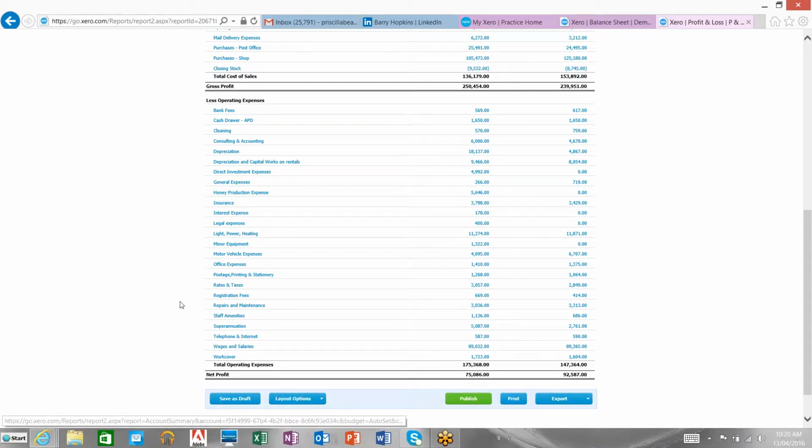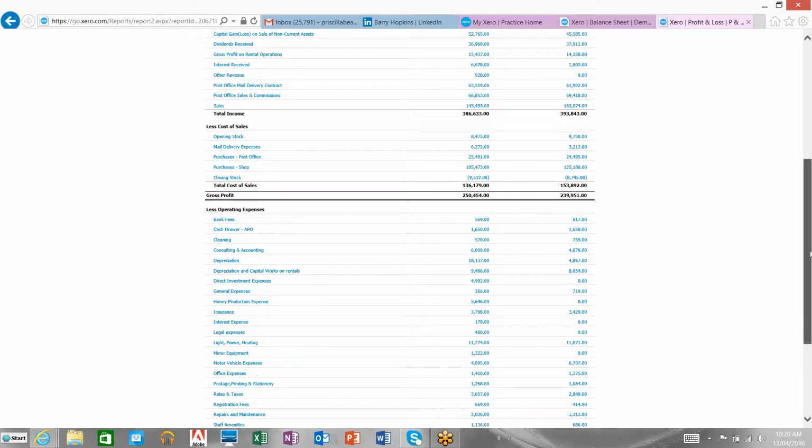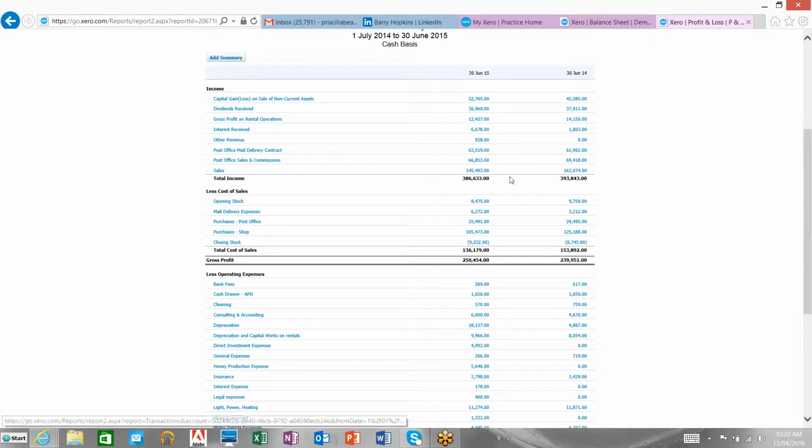Yes, these are day-to-day expenses in order to keep the business going, including the wages. All right, so these are debit. Again, all expenses are debit. Income is credit. This is debit, debit, debit, debit, credit.